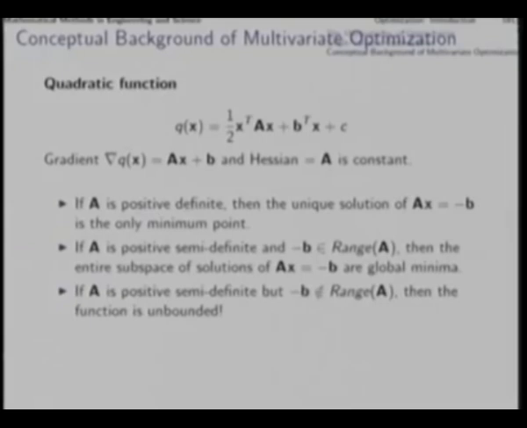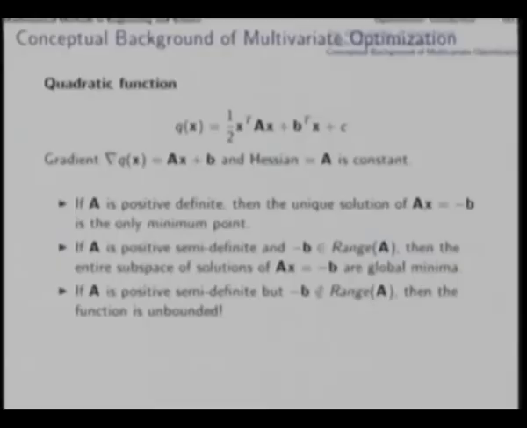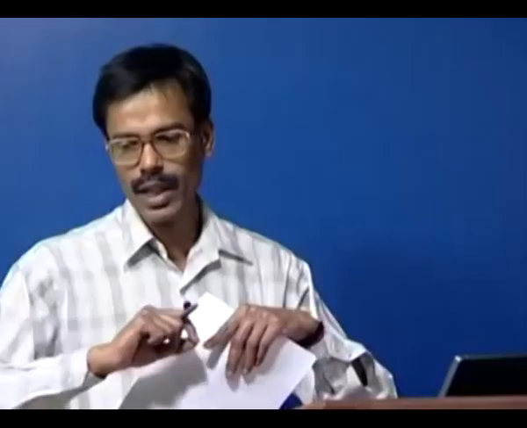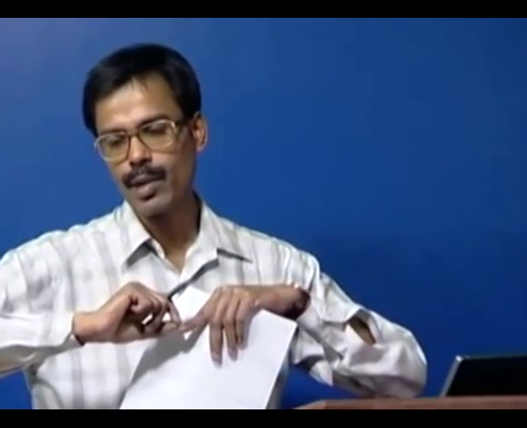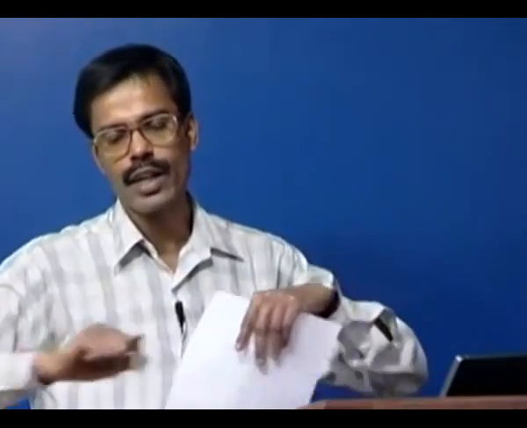So, if it is consistent, that is if minus b is in the range of A, then in the case of singularity of A, positive semi definiteness, you will have infinite solutions, and all those infinite solutions are local minima and global minima as well, and they are together connected, that is they are distributed over an entire line or entire plane like that. So, that is again a convex set.